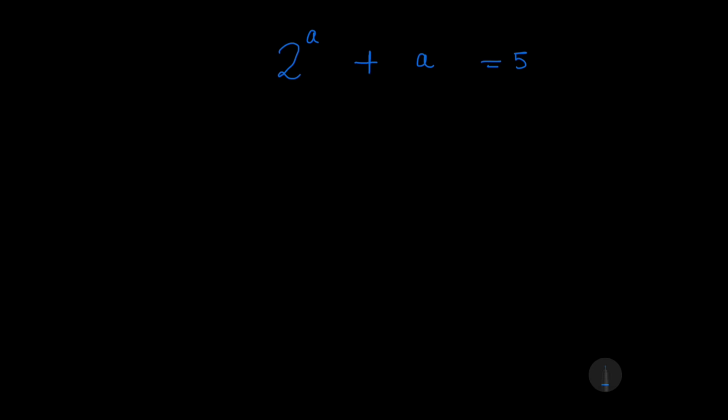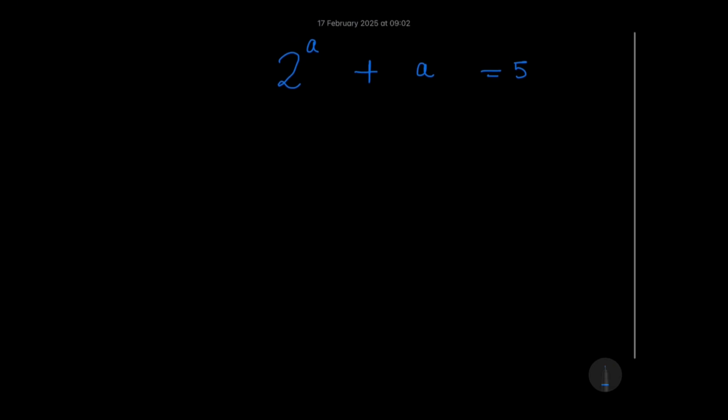We can use the graphical method where we plot the functions y equals 2 to the power a plus a and y equals 5, and their intersection is our solution.